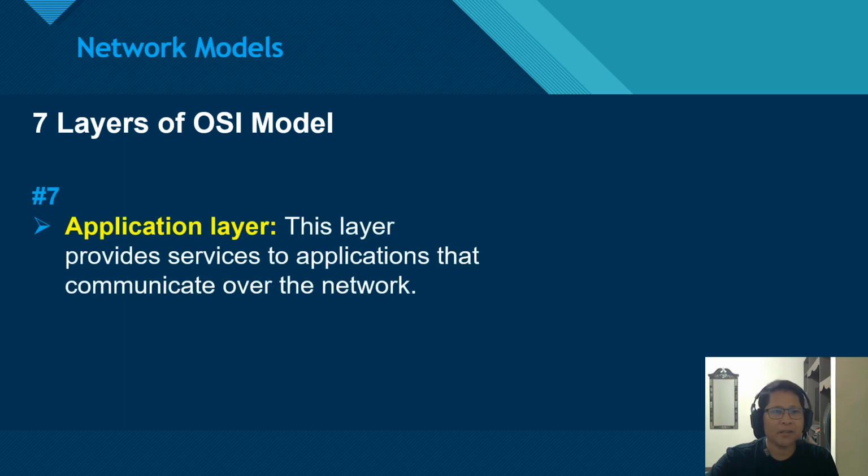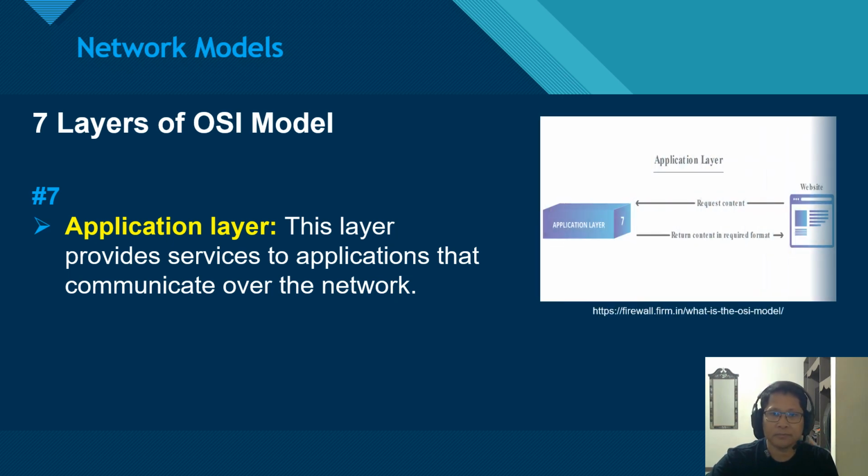The last layer, or the seventh layer of the OSI model, is the application layer. This layer provides services to applications that communicate over the network. It includes protocols such as HTTP, FTP, and SMTP that are used for email, web browsing, and file transfer.